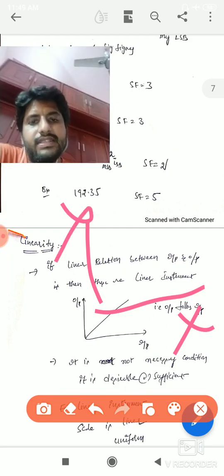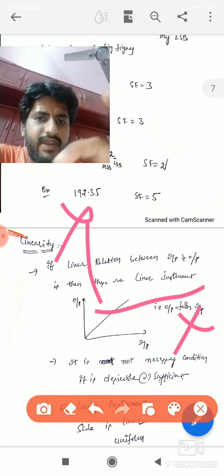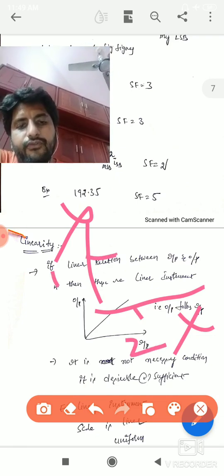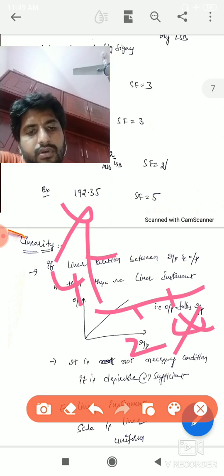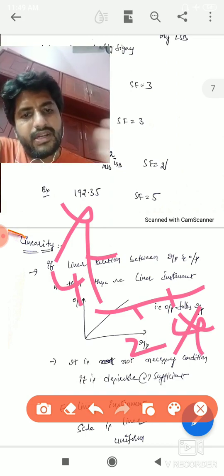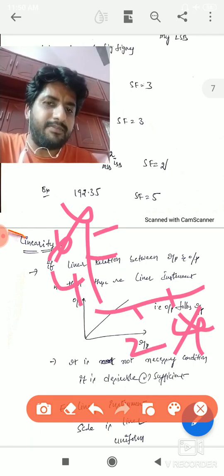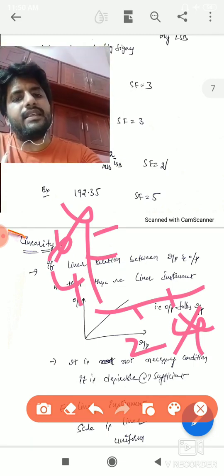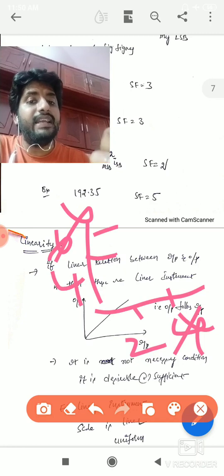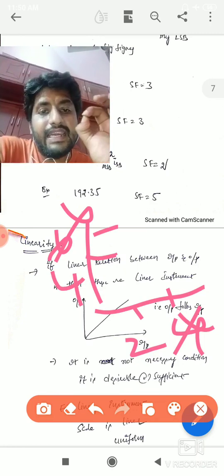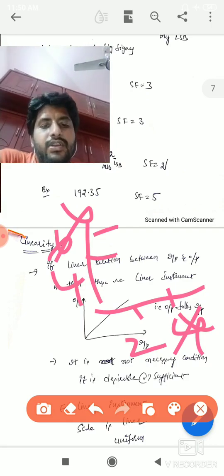Suppose this is input, this is output. X-axis input, y-axis output. Input 2, you get output 4, or else input 4, output 6. If 2 points increase in input, 2 points increase in output. So the output has a linear relationship with input. Then we can call it a linear type instrument, right?